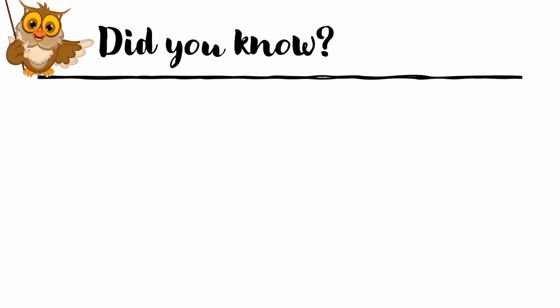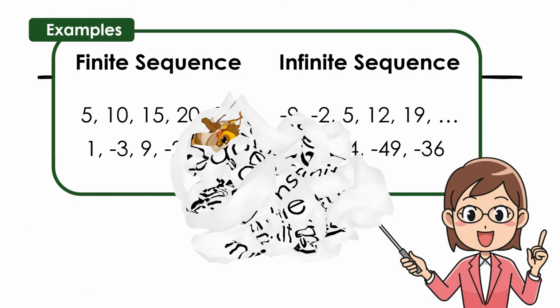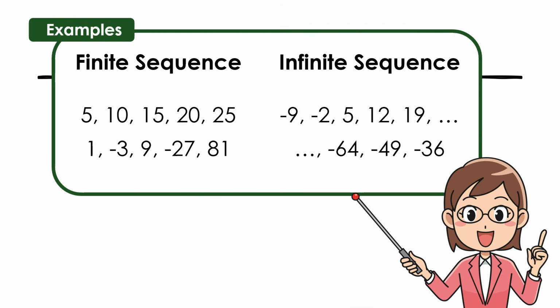Did you know that a sequence with a definite number of terms is called a finite sequence, while a sequence with no definite number of terms is called an infinite sequence? Observe the examples given in finite sequence and infinite sequence.